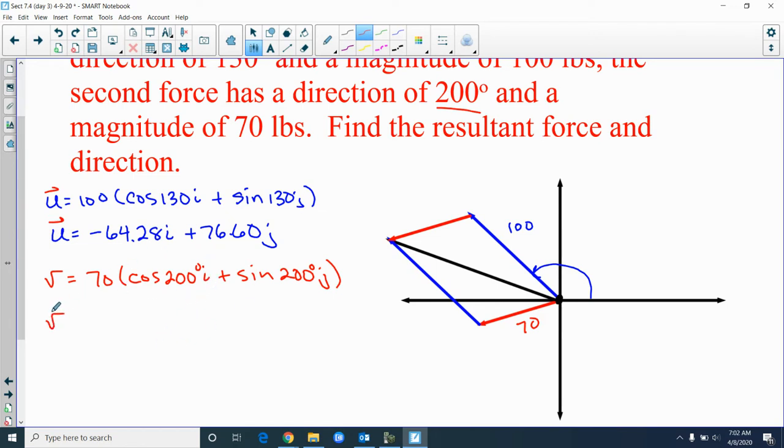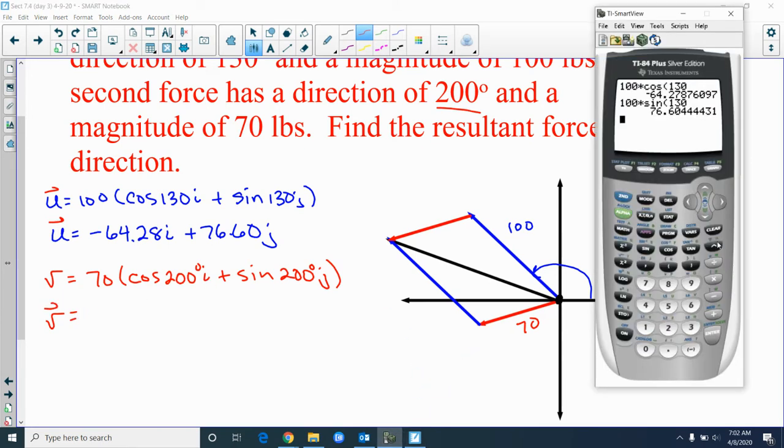So vector V. All right, so take 70 times the cosine of 200, and then take 70 times sine of 200.